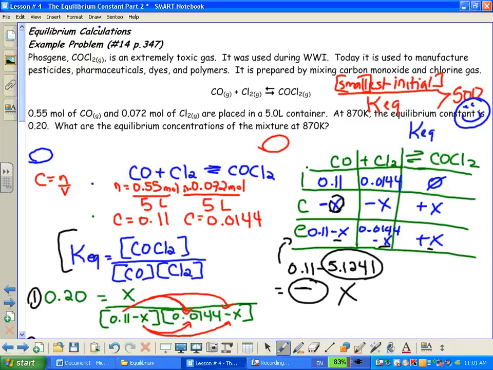If you get a value that is greater than 500, then you're happy. You don't have to keep those x's, they're negligible. The change is so small that it's not making a difference.